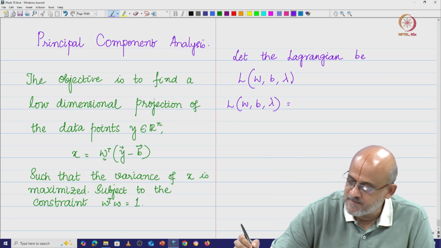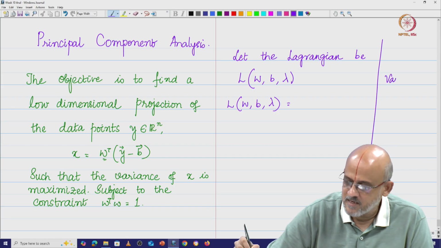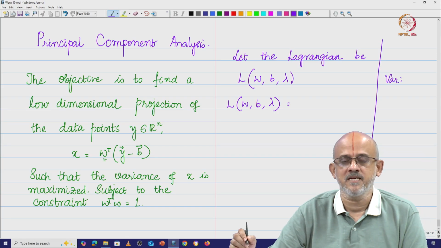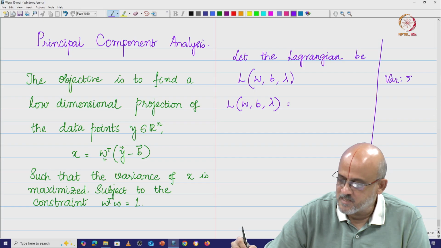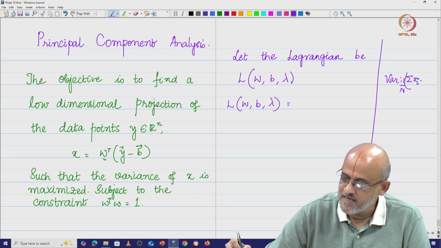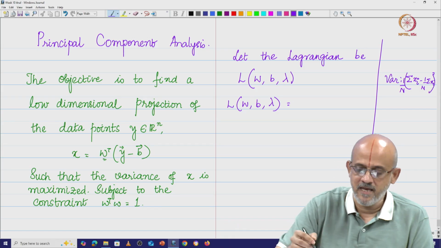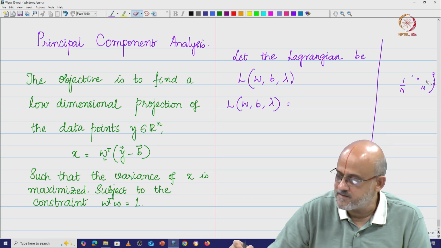So, the variance is, if you recall, expectation of x squared minus expectation of x the whole square, which is nothing but 1 by n times the summation over every point of x i minus 1 by n times sigma x i the whole square, right.